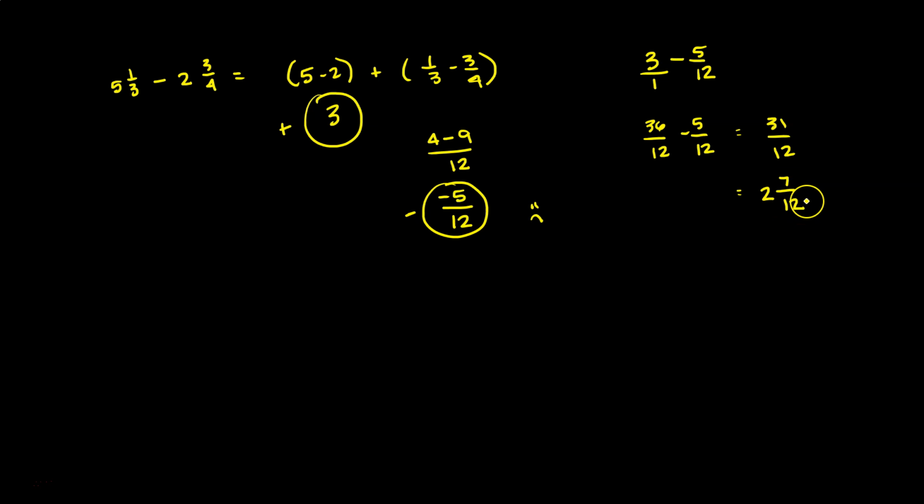Another way to do the same thing is to immediately recognize that the fraction parts are going to result in a negative because 1/3 is smaller than 3/4. And when you subtract something big, you get a negative. So what we can do is borrow from the whole number 5.